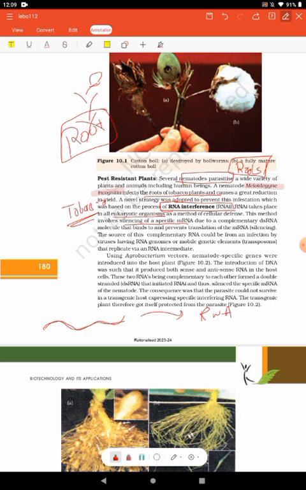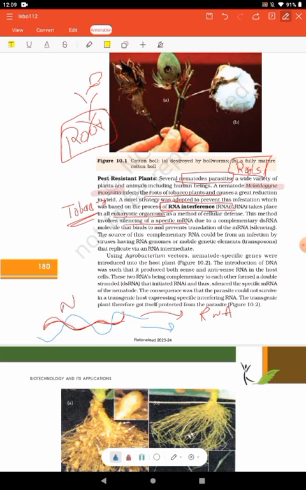So what happens is, the gene which is inserted in the plant codes for RNA produced by the plant, which forms a double-stranded RNA with the RNA formed by the nematode. Once the RNA becomes double-stranded, it will not cause any kind of problem in the plant.